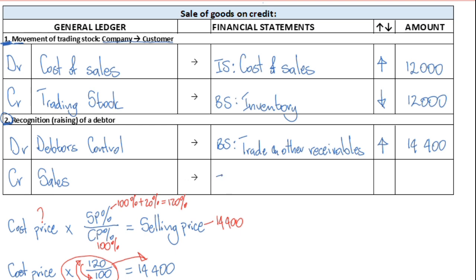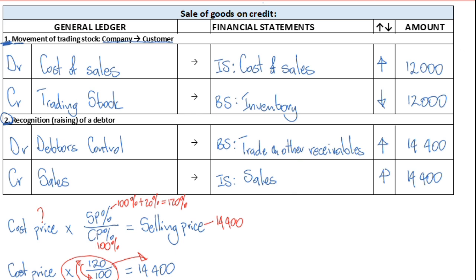The sales account sits in the income statement under the sales line item. So we increase sales by the selling price amount. So that is what happened when the goods were sold on credit to P. Mahlangu.